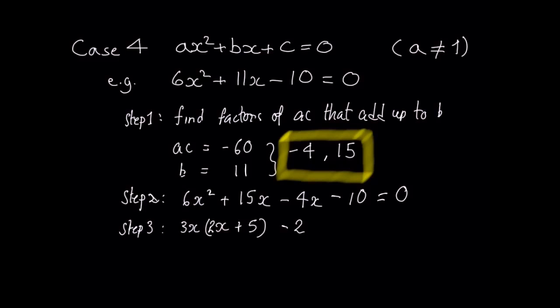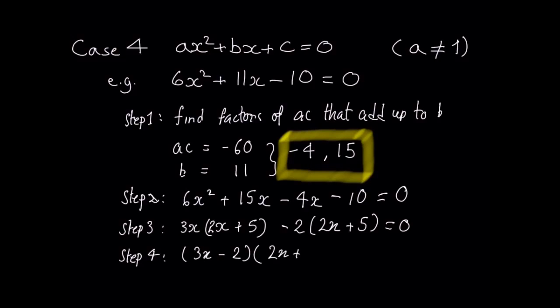So we take out minus 2, and we write that as 2x plus 5. Okay, so we've now got a common factor of 2x plus 5. So we can factorize this again. We'll call this step 4. And we can rewrite this as 3x minus 2 into 2x plus 5.